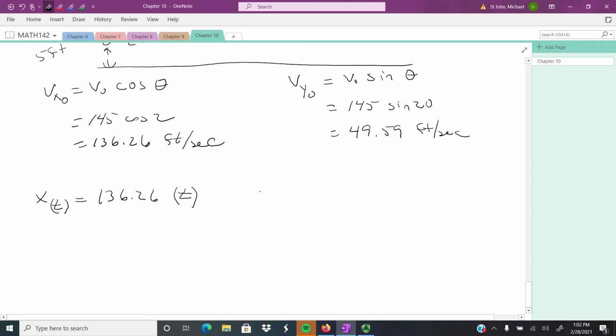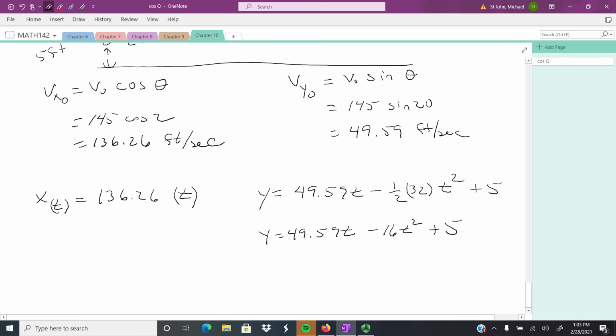And so here, y is going to be the initial velocity in the y times t minus 1/2 g, which is 32 feet per second squared, times t squared, plus the initial height it started at. So this is going to be 49.59t minus 16t squared plus 5, and this is going to be y of t. So x position, y position with respect to any time t.